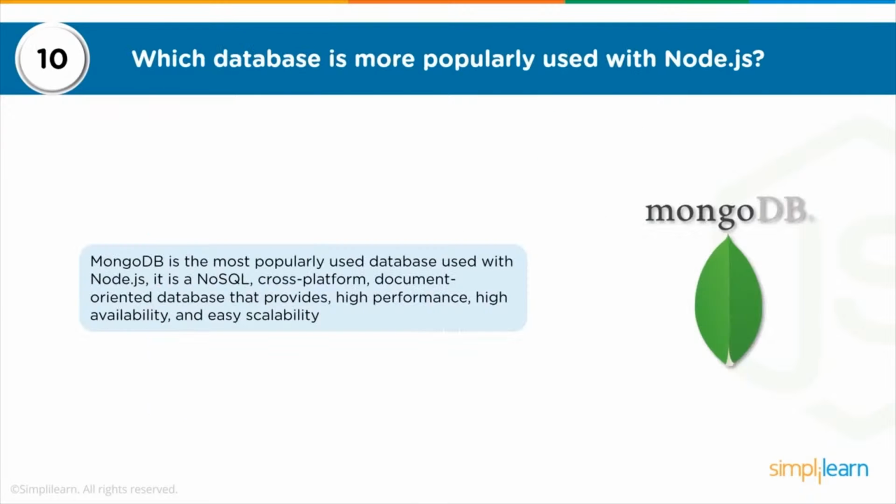So let's talk a little bit about connecting to a database with Node.js. You're probably going to be asked, what is the most popular database used with Node.js? There are a couple. MongoDB is largely the most popular NoSQL cross-platform database. MySQL is also very popular, and that's a more traditional relational database.